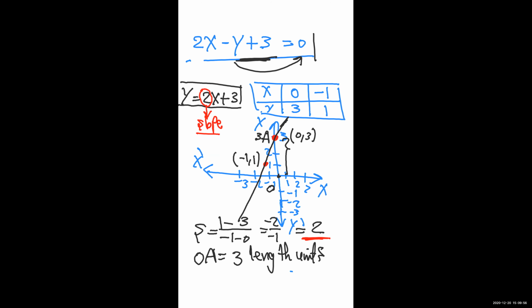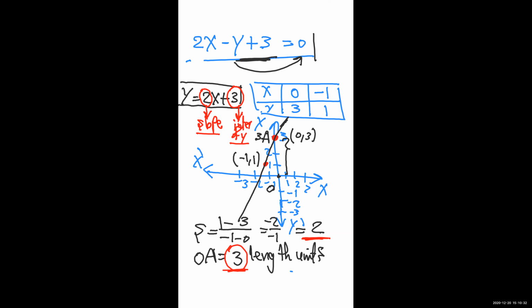And the intercepted part from the y-axis is 3, OA equals 3. So the function, or the relation, shows the slope and the intercepted part of y, so that we can get the slope and the intercepted part of y directly from the equation of the straight line.